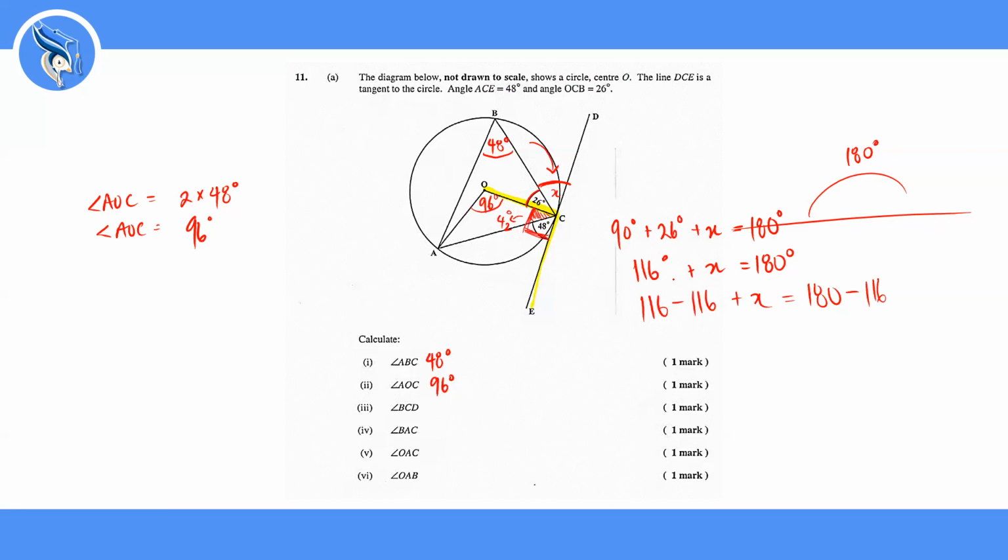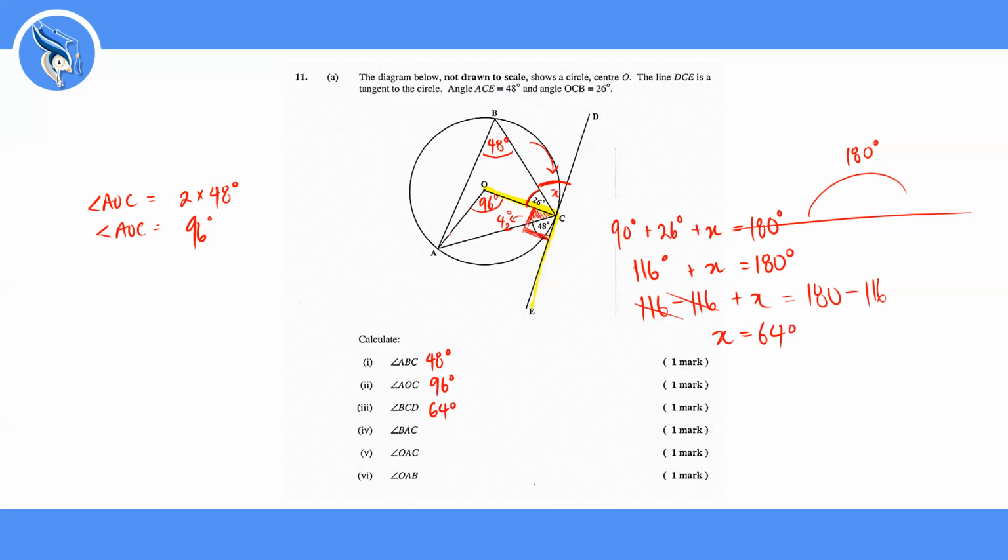So that means that x is equal to 64 degrees. So you see how easy it was for me to assume that it would have been 48 because they look alike? But that's definitely not the case. It's actually 64 degrees. So always go the long way, work it out, right?